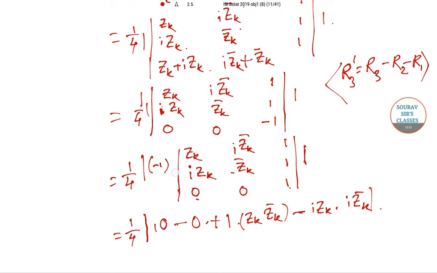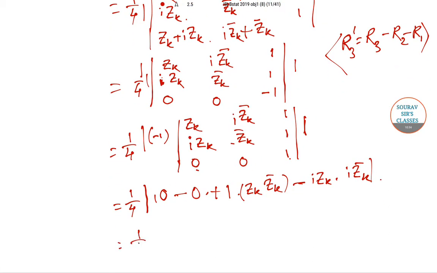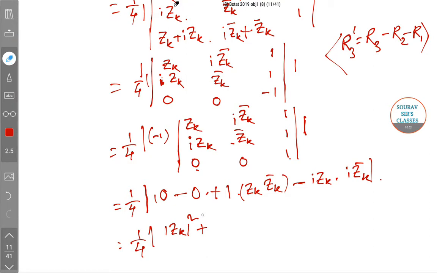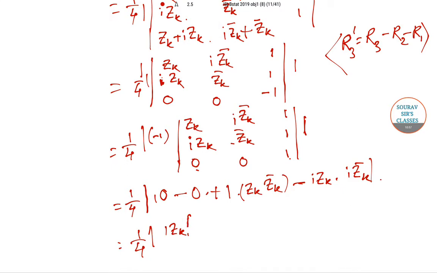Then we get 1/4 modulus of mod zk square plus mod zk square, minus i square times zk into zk bar, again mod zk square.